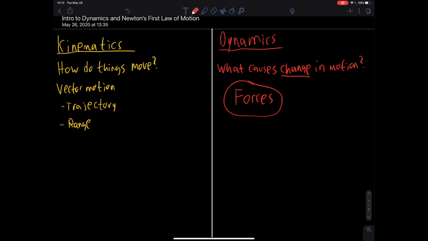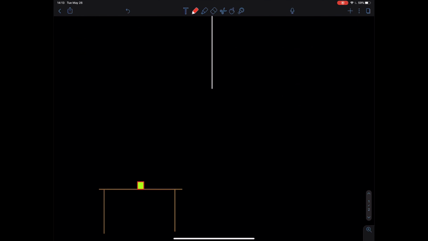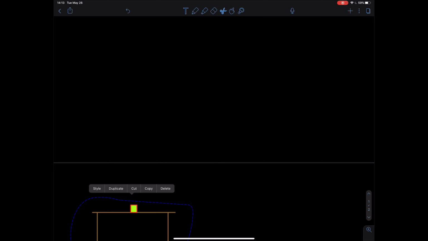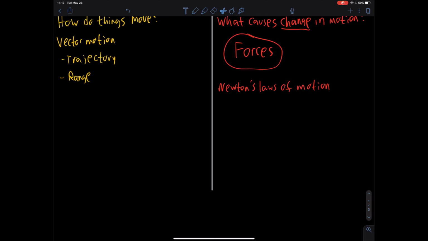And so this brings us to Newton's laws of motion. In dynamics, we go on to Newton's laws of motion. And I'm sure we've heard of Newton's laws, maybe just in passing, or maybe you've actually studied them before. But this brings us to Newton's first law of motion. Let's move our table down here. Want some more room. So Newton's first law.